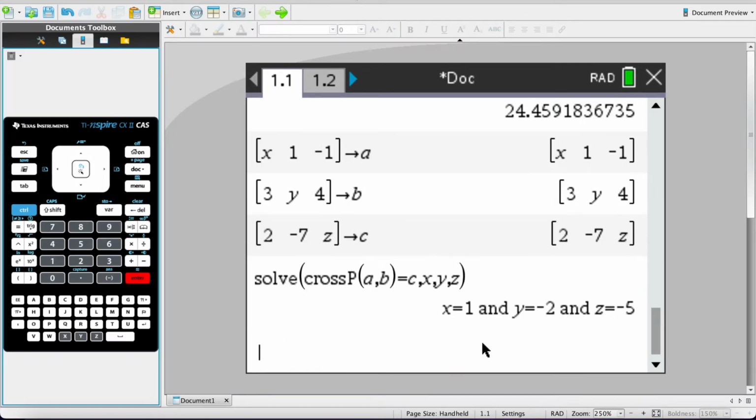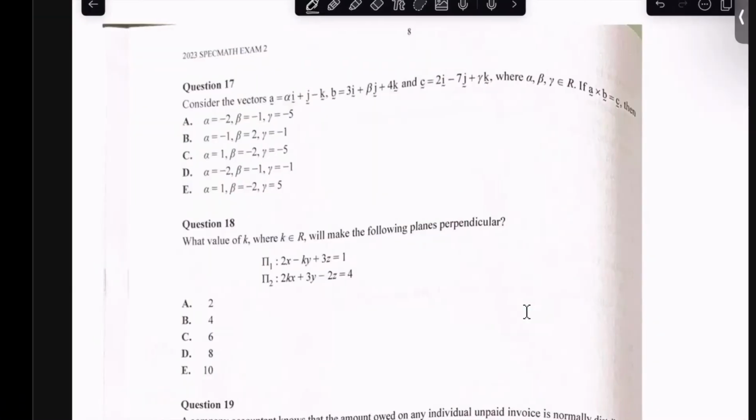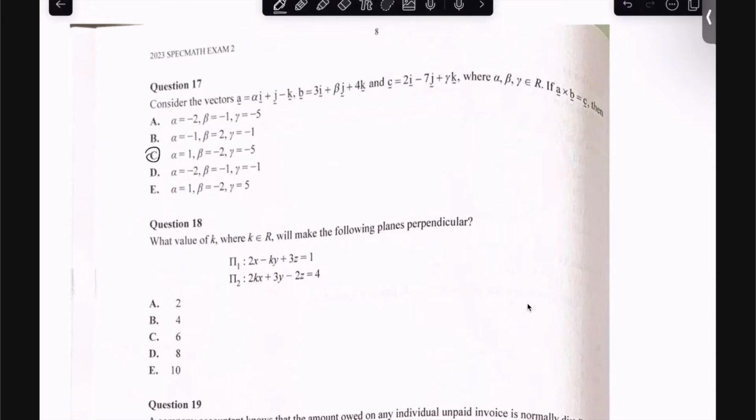Nice. So X alpha is 1, beta is negative 2, and gamma is negative 5. That looks like C.